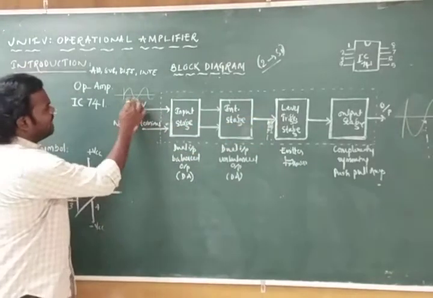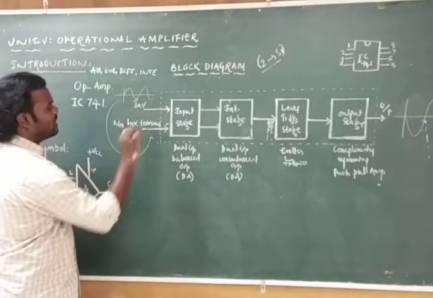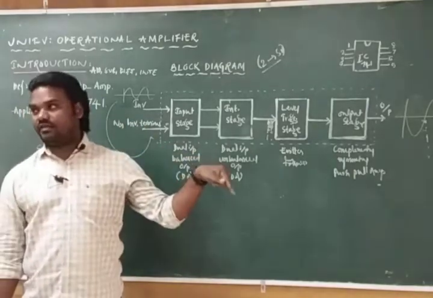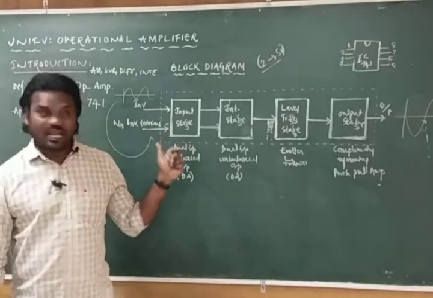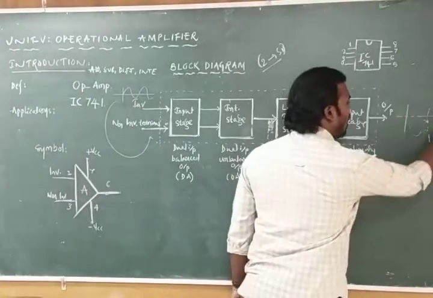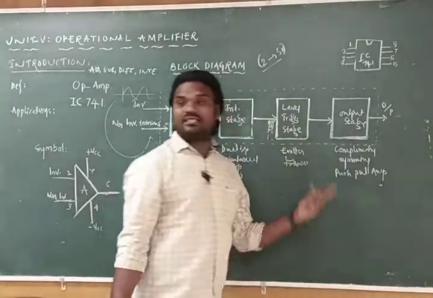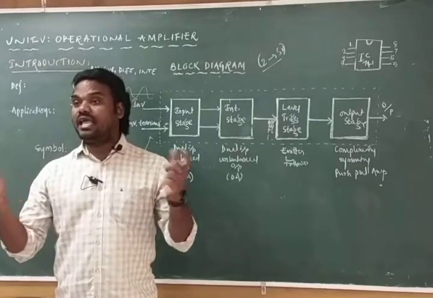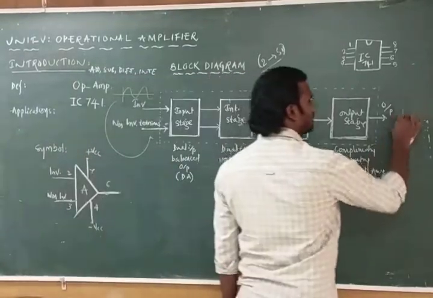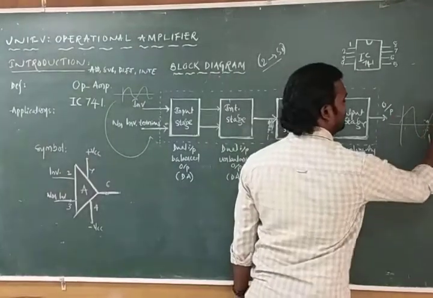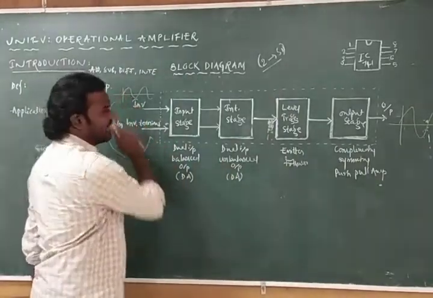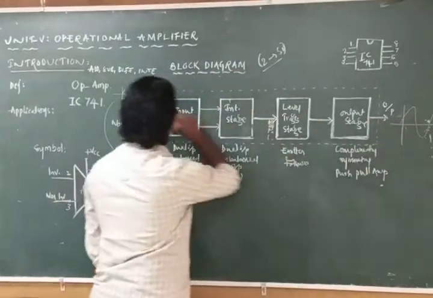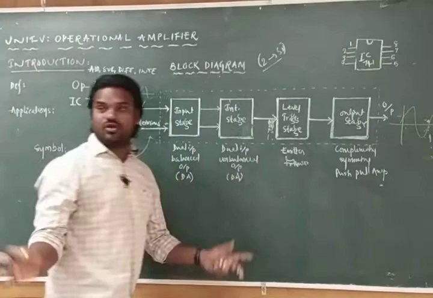If I give the same input at the non-inverting terminal, the output will be the same as the input, because it is non-inverting and will not make an inversion. Here positive is positive, and negative is negative, so there is no inversion.